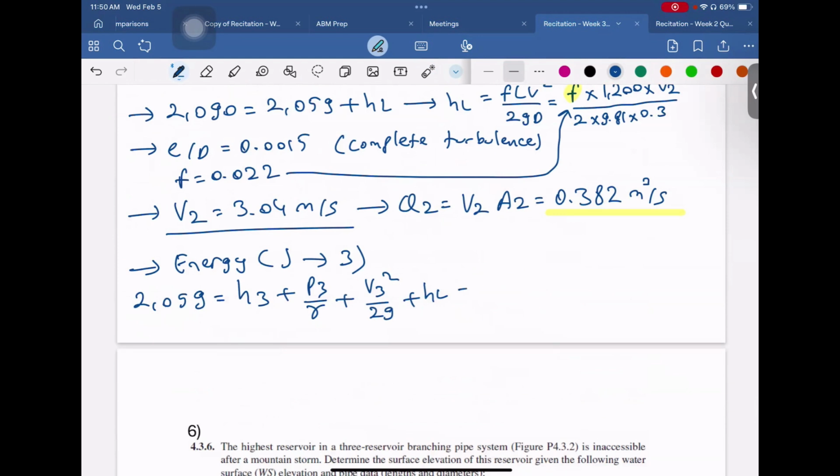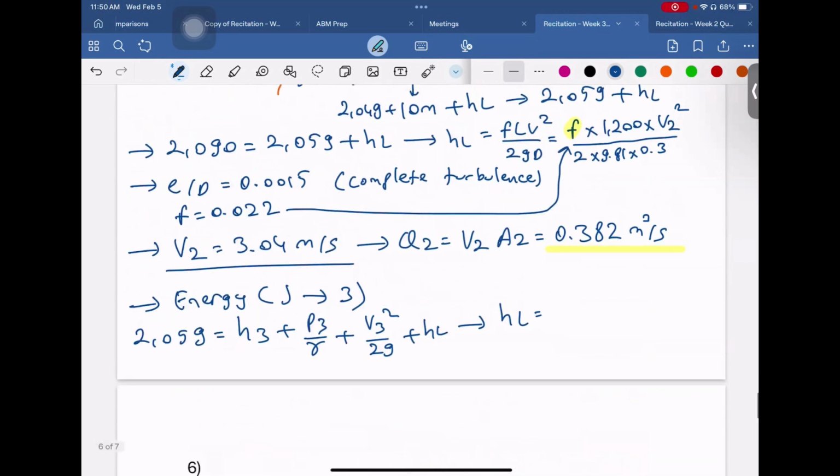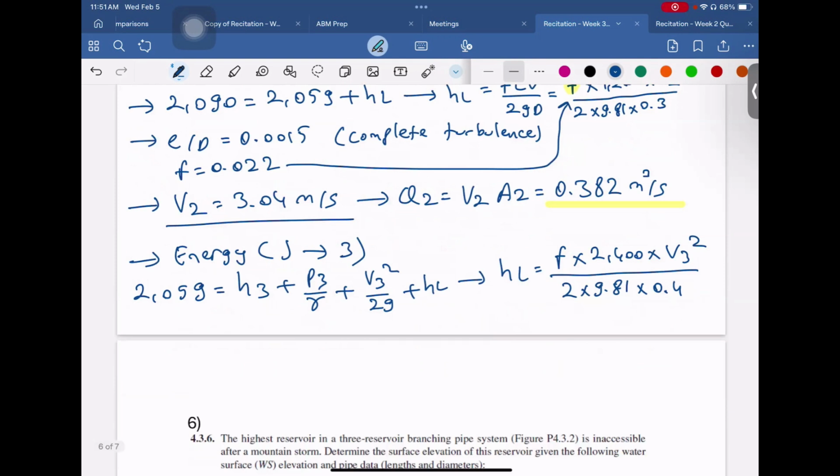And similarly, we can calculate head loss. And it will be f times length times velocity squared over 2 times acceleration times the diameter. And here e over D is 0.002.